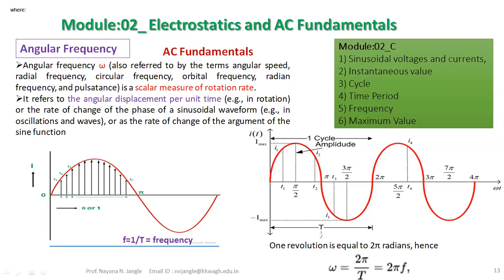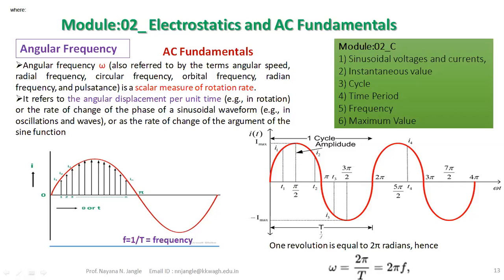As we know, when a conductor completes 360 degrees, it is rotated in the anti-clockwise direction by some angle. This frequency is referred to as angular frequency. One revolution or one rotation requires 360 degrees, and in radians it is given by 2 pi.